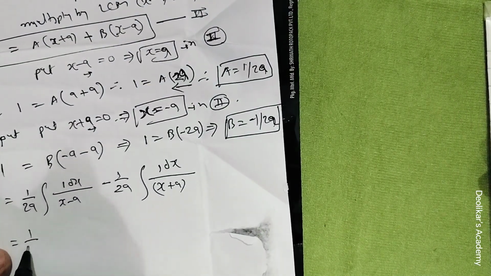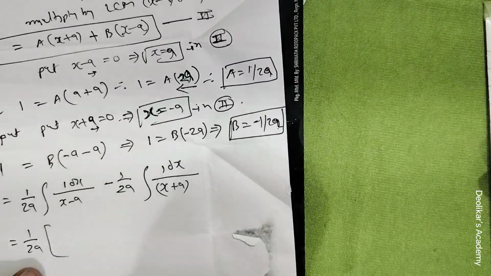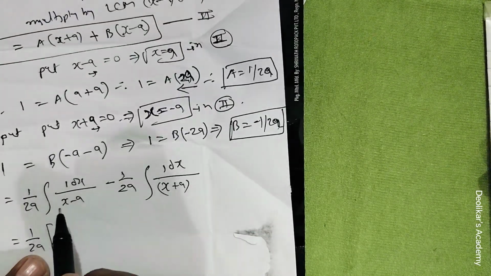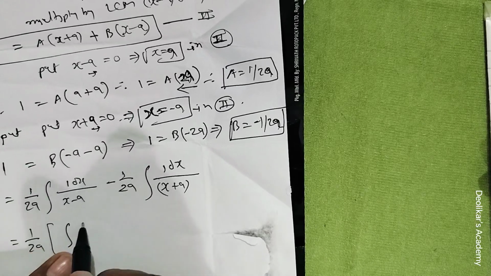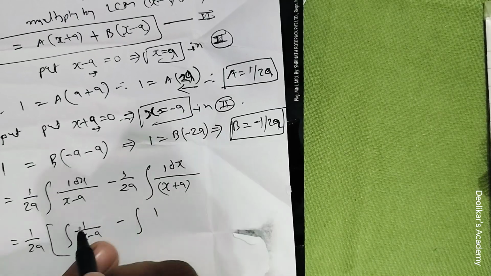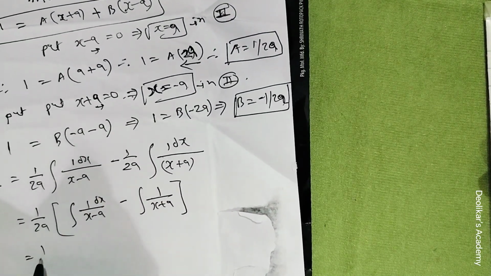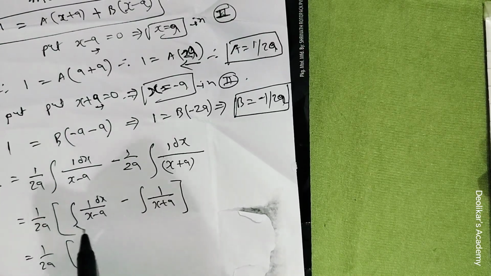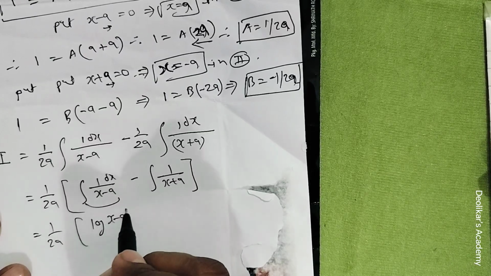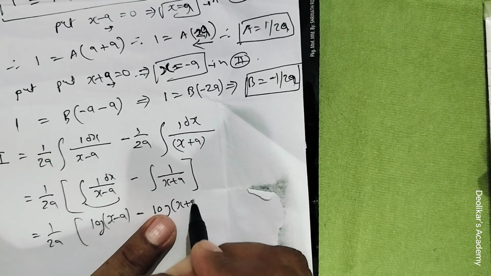Now see, 1 by 2a you can take common, and here integration of 1 upon x minus a minus integration of 1 dx upon x plus a. 1 by 2a as it is, integration of this is log of the denominator, log of x minus a, minus integration of this, that will be log of x plus a.